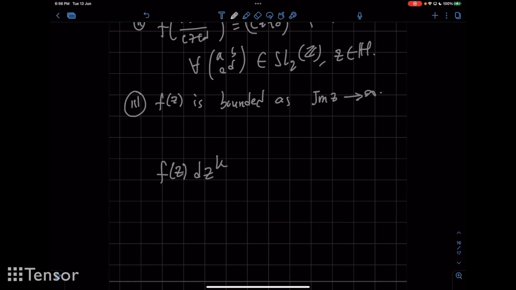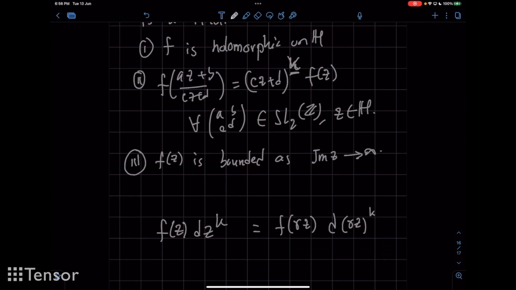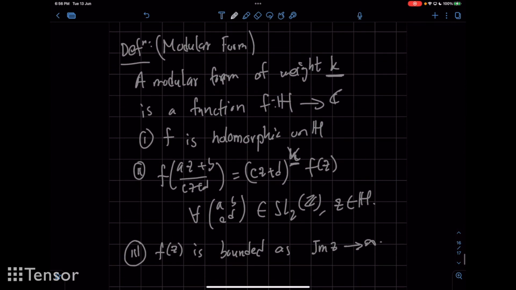That is, this is equal to f of gamma z times d gamma z to the k. That is why it is called a form, because it's related to the study of differential forms. If you don't know what a differential form is, I think it's perfectly fine, because we won't be working with differential forms in this class. Does anyone have any question about the definition of a modular form?